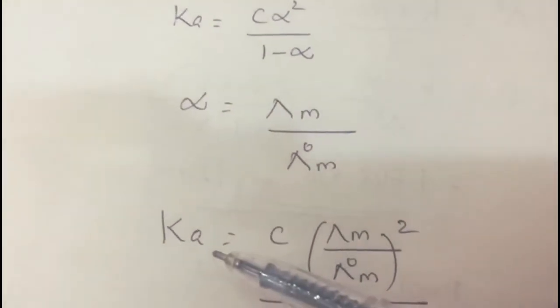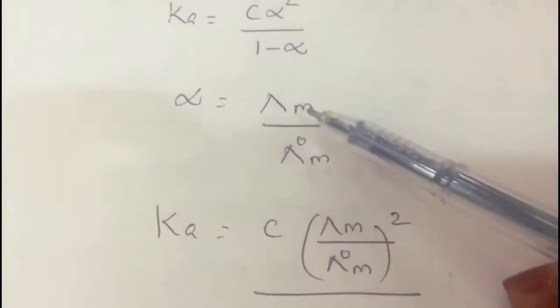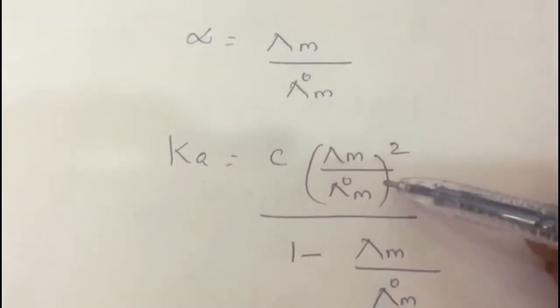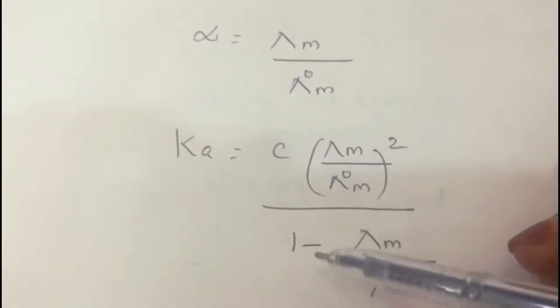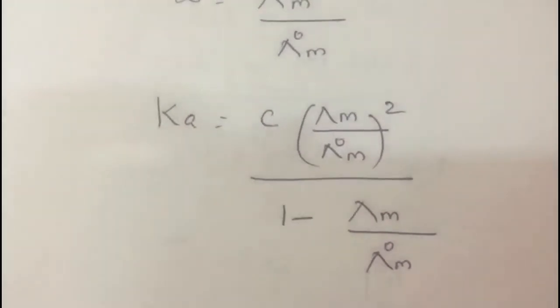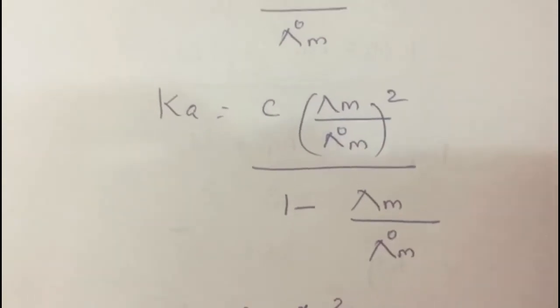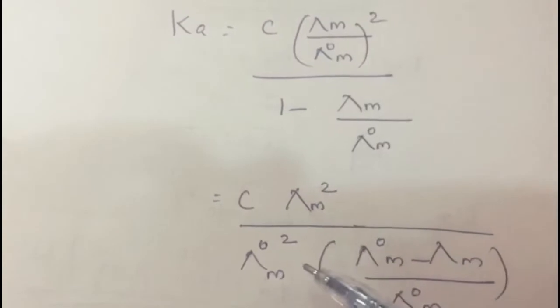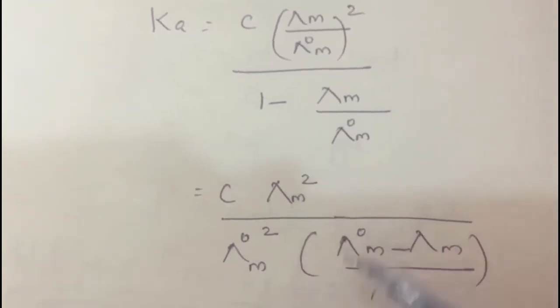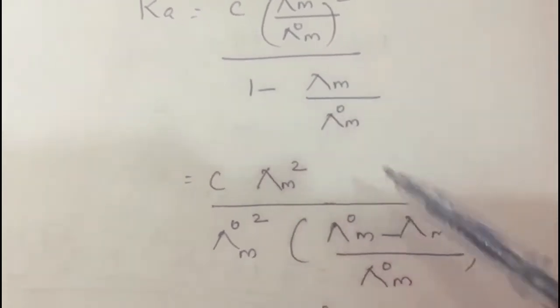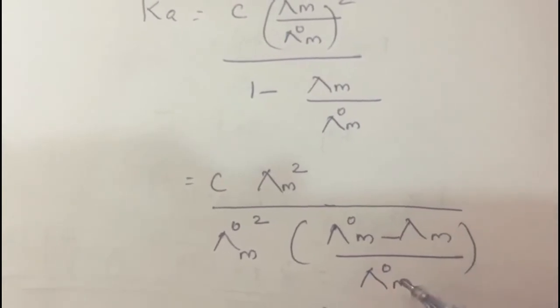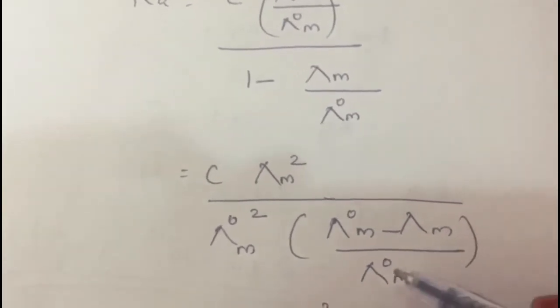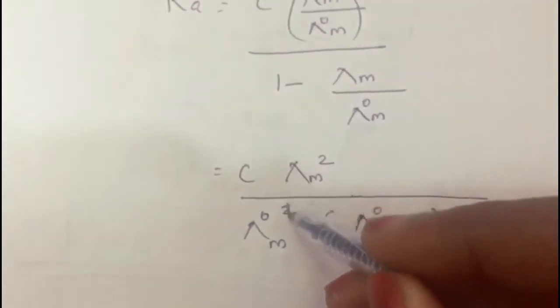So we will get Ka equal to C into lambda m by lambda 0 m whole square divided by 1 minus lambda m by lambda 0 m. So we will write here C lambda m square divided by lambda 0 m square into lambda 0 m minus lambda m divided by lambda 0 m. So we can cancel one lambda 0 m.